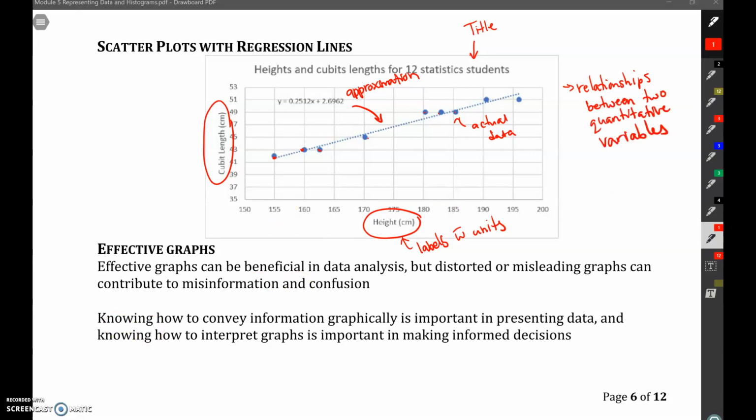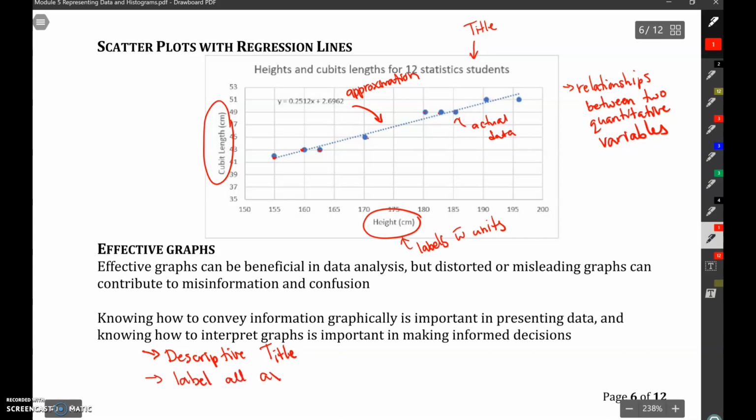So that introduces 5 of the most popular types of graphs that we see represented in journal articles and used to analyze data. It's really important when we make graphs. Again, some of the takeaways of how to have an effective graph is that we need to have descriptive titles always appearing in any of our visual representation. We also need to label all axes with units.